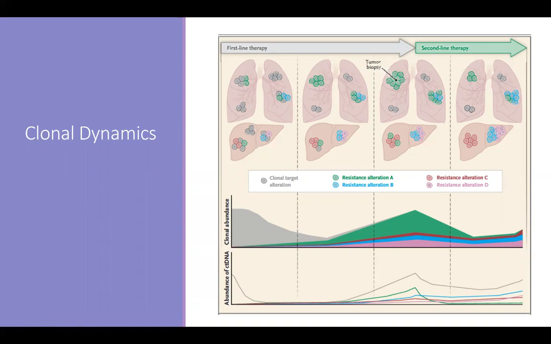You see that the second line therapy, that the clones are changing. And the clonal burden also changes over time to a different level. So that's why you see mixed response when you change therapies.